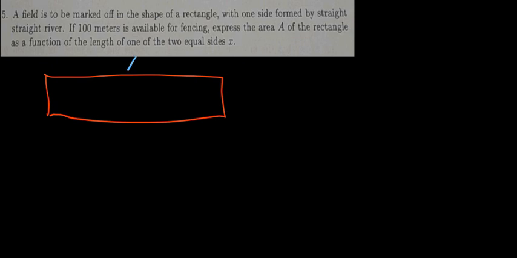Sometimes understanding the question is one of the important things. If we have got a rectangle, let's assume that this is x, because they're the same. Then this is y, this is y. We have been told that you want to fence this rectangle, but the total meters which you have is 100.